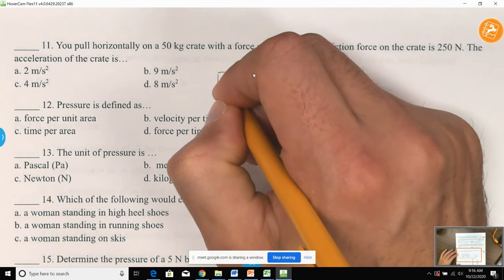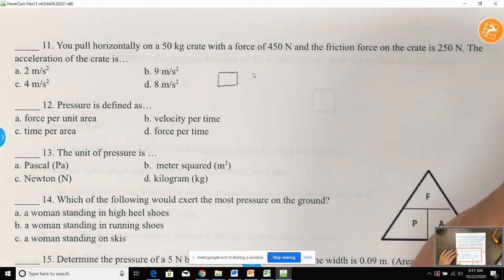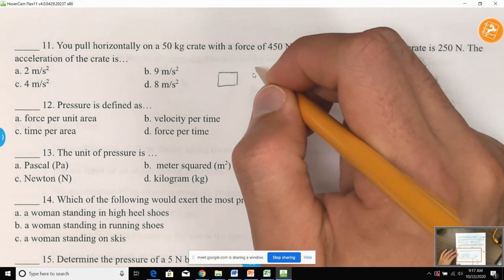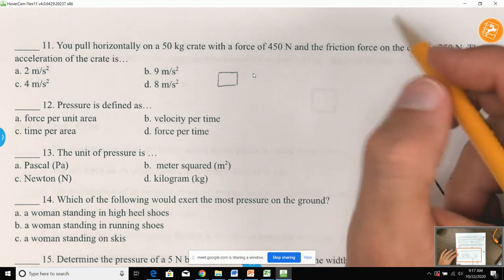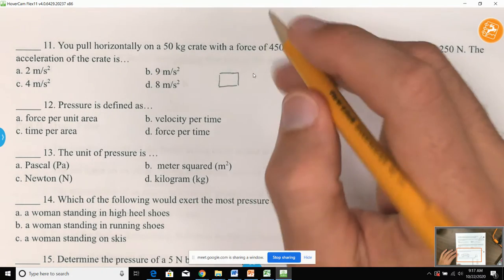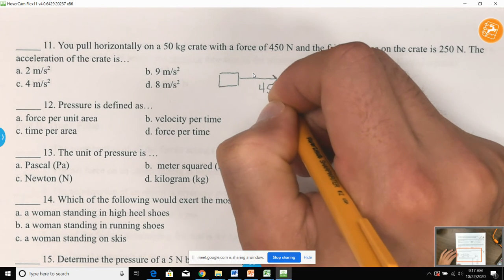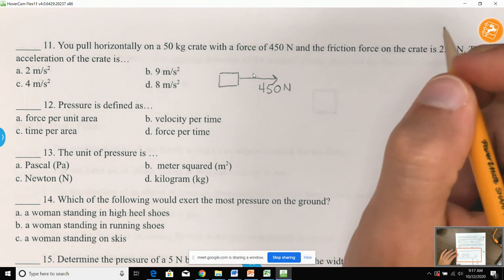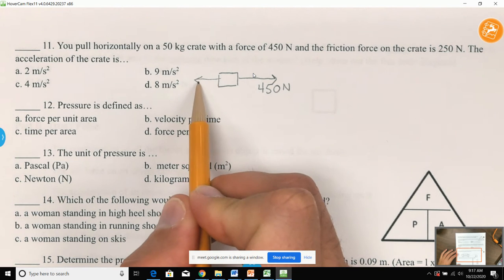So I would say draw out a free body diagram. Unless they tell me the directions, I always like to make my pull or push force to the right. So I'm pulling with 450 newtons, so I'm just going to draw that to the right. And friction always goes against motion, so friction should go, in this case, to the left.